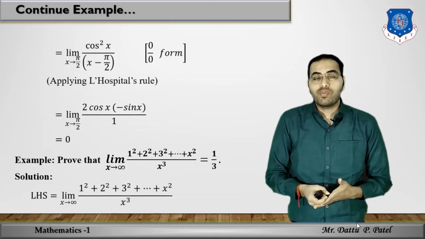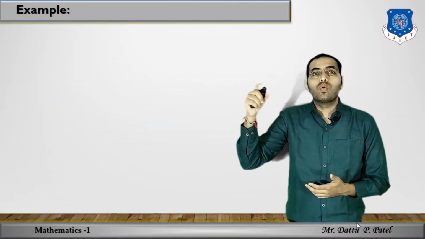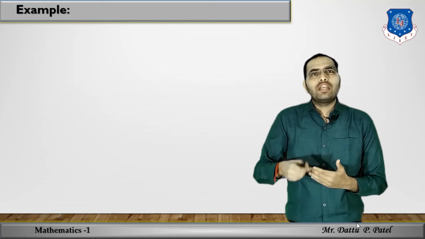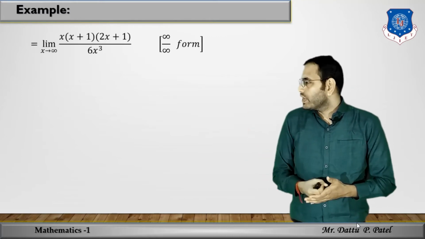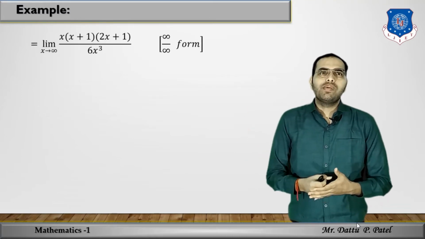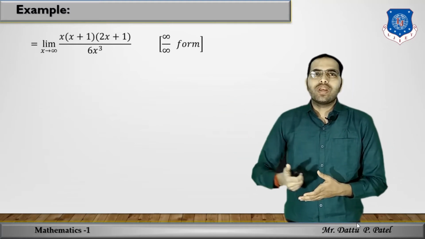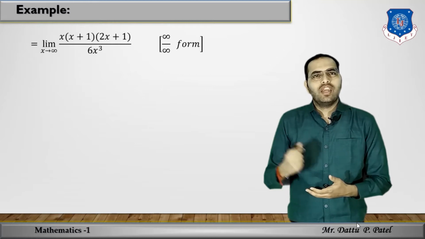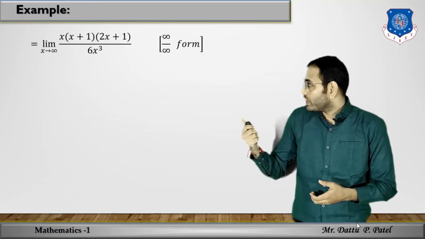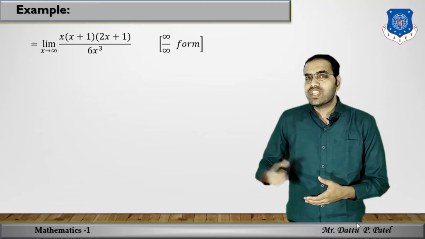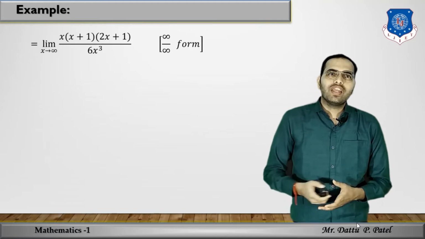We have the standard formula, summation n square equals 1 by 6 n into n plus 1 into 2n plus 1. Then it becomes limit x tends to infinite, x into x plus 1 into 2x plus 1 divided by 6 into x cube. Now we check which form is satisfied; obviously the infinite by infinite form.